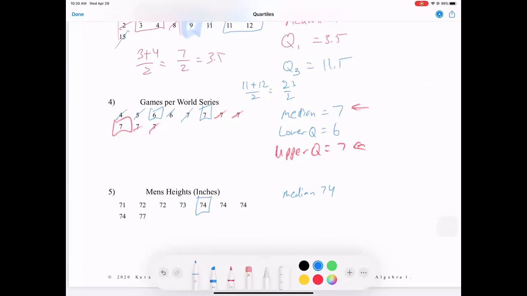Let's find our lower quartile. That's my lower quartile, so the median there, Q1, would be 72. And if I go up, our Q3, our upper quartile, will be 74.